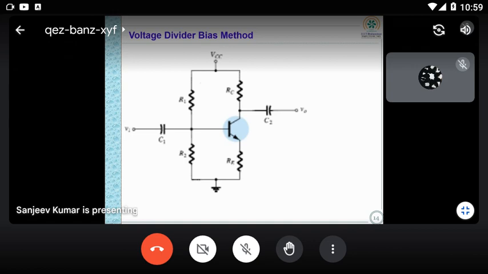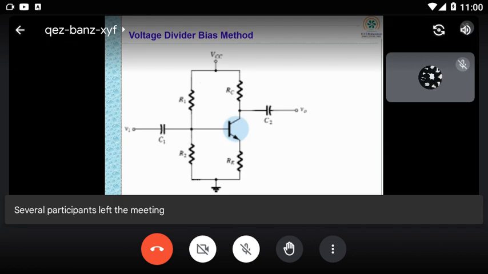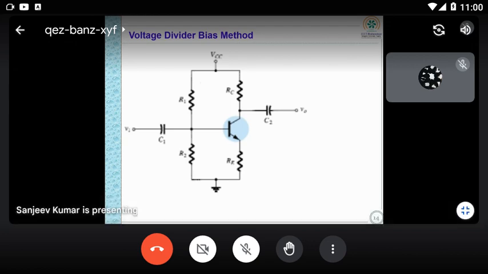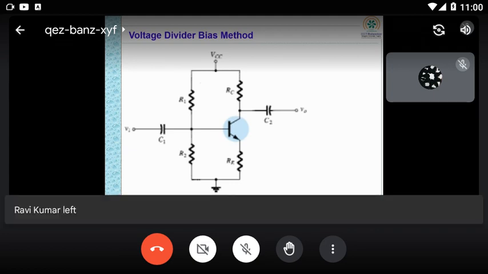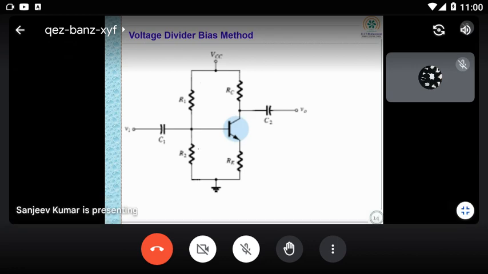The input voltage you are giving will be divided using the two resistors R1 and R2, and the voltage across R2 is provided to your input. That is the voltage divider bias method. This is popularly used compared to the earlier two methods.